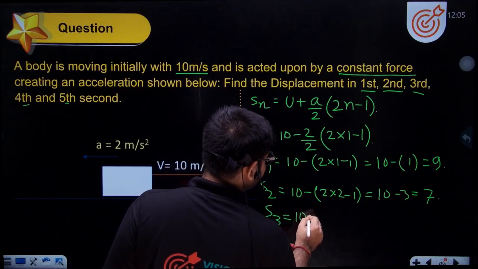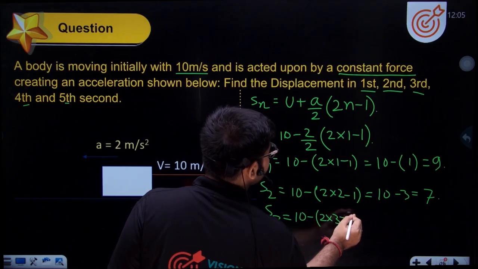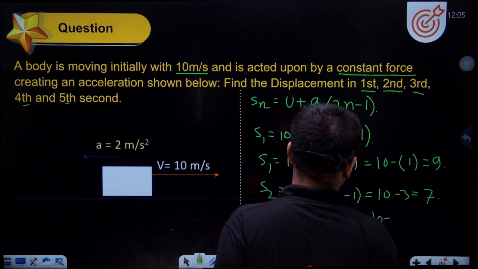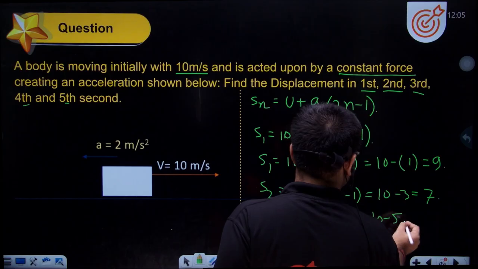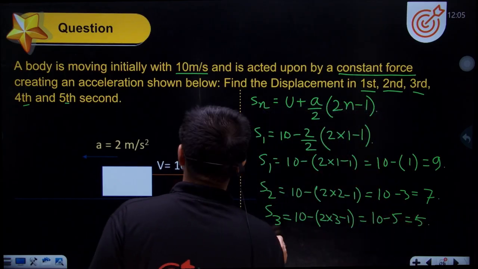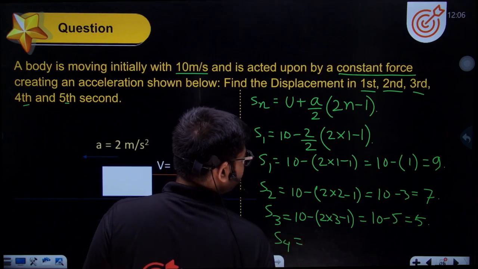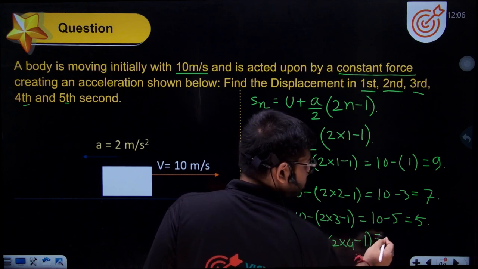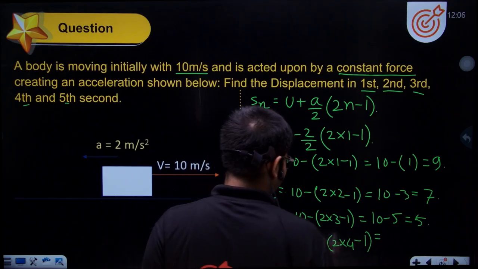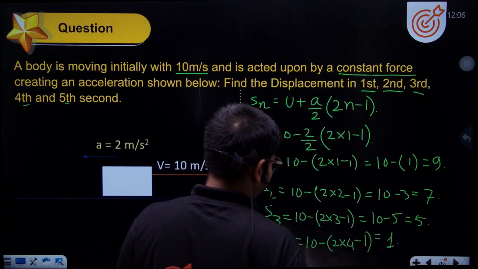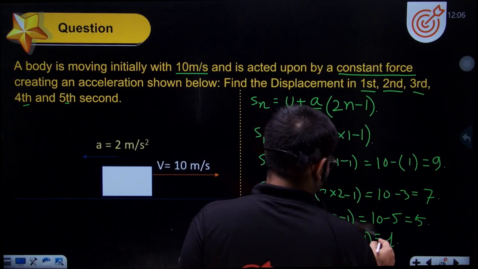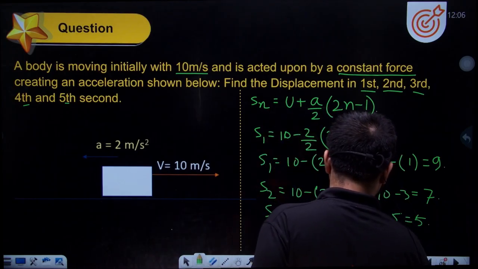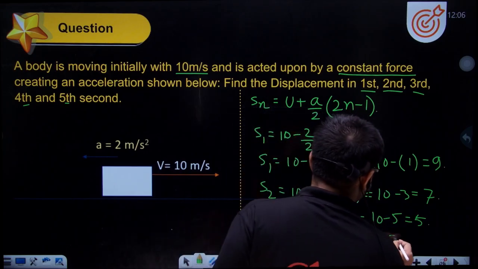S3 कितना हो जाएगा, 2 into 3 minus 1, ओके. और S4, सिमिलरली S4 कितना हो जाएगा, 4 minus 1, so you can say this is 7, 10 minus, so it is 3.